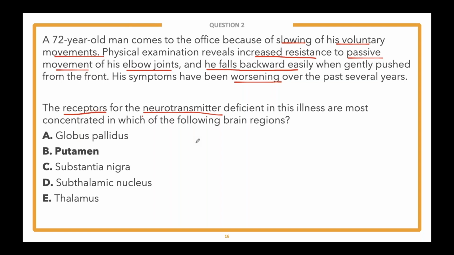D, although the subthalamic nucleus is part of the basal ganglia, its major inputs are inhibitory projections also from the globus pallidus, but this time, as opposed to the thalamus, which was globus pallidus internus, the subthalamic nucleus receives these projections from the globus pallidus externus, okay?